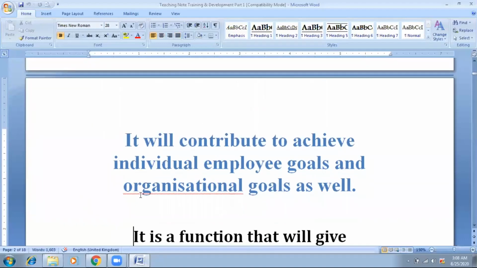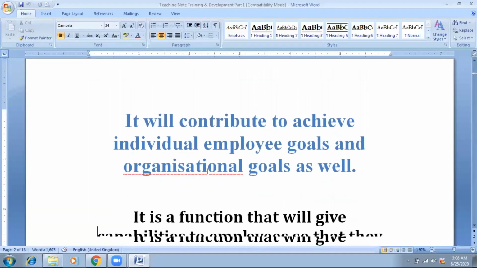It will contribute to achieve individual employee goals and organizational goals as well. Of course, you know that employees have individual goals. Indeed, the organization has its goals. So in order to achieve both goals, training and development will contribute.